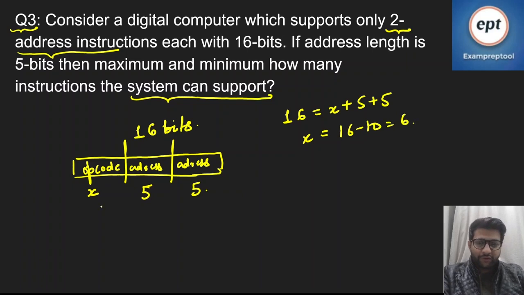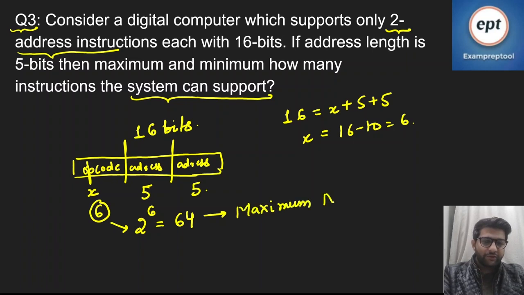Now if we have 6 bits for the opcode, how many different values can we represent? That will be 2 raised to the power of 6, which is 64, and this is the maximum number of instructions that the CPU can support.